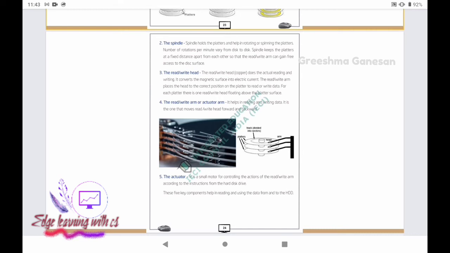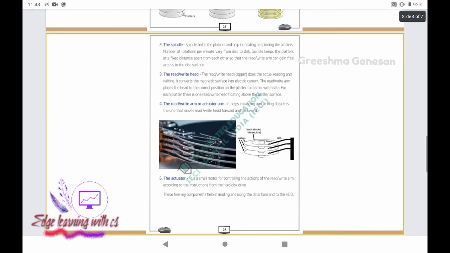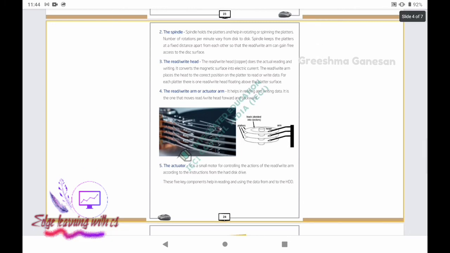Then the read-write head. The read-write head, which is a copper product, does the actual reading and writing. It converts the magnetic surface into electric current. So this is the function which is taking place here. We are converting the magnetic surface into electric current.